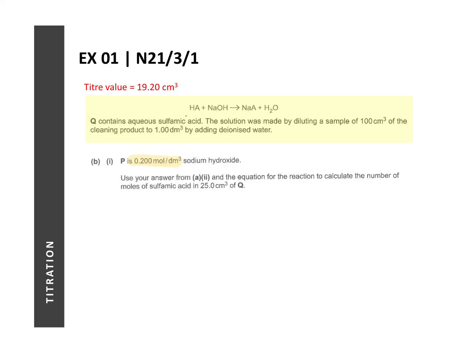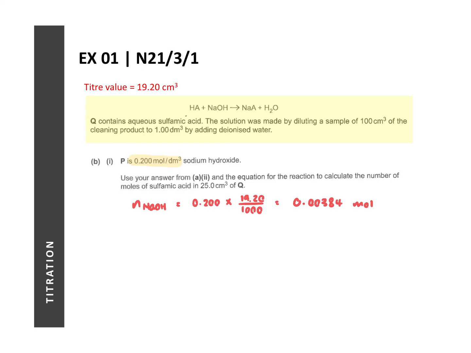With that we can find the number of moles of sodium hydroxide, which is equal to concentration times volume, which is 19.2. And that will give us the following number of moles. This is the first C, convert to moles. Now the second C is to compare mole ratio.